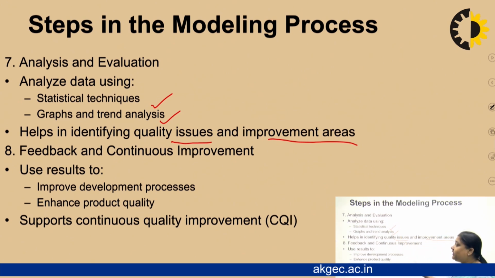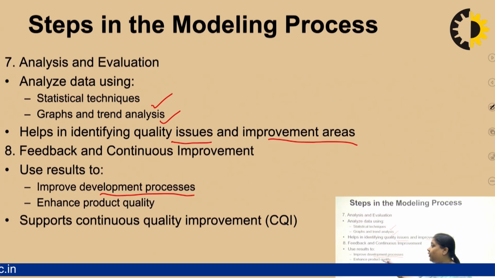Next one is the feedback and continuous improvement. So feedback is always used to improve our existing software or existing work. This results in improved development processes. The development process can be enhanced or improved using that feedback, and it enhances the product quality.